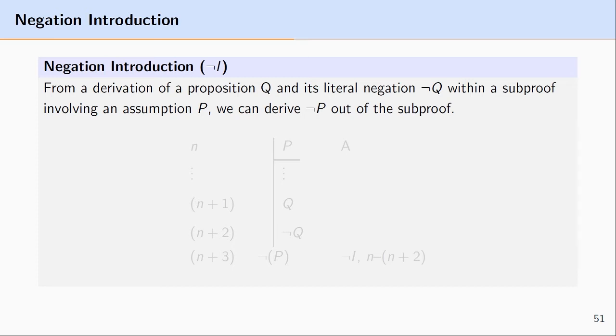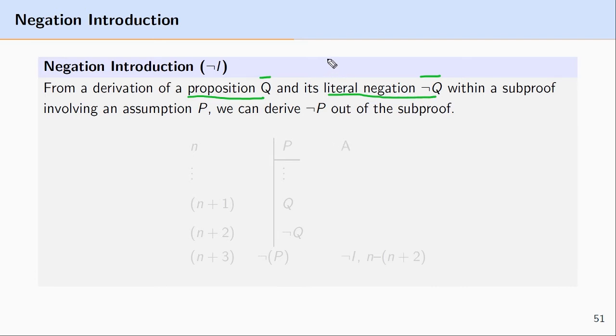So negation introduction, let's just read the rule here. It says that from a derivation of a proposition Q and its literal negation not Q, so what we're doing here is reasoning to Q and the literal negation of Q, which is not Q. So Q and not Q can be any formulas. They just need to be literal negations of each other.